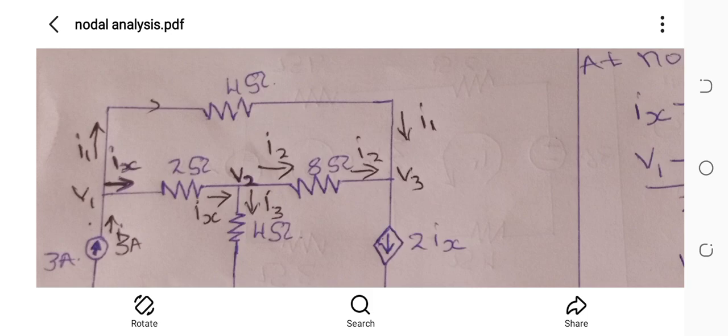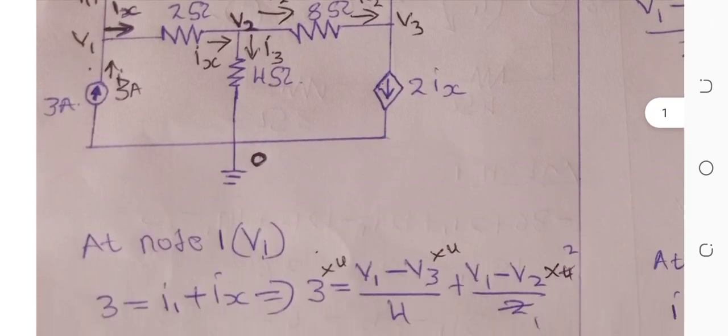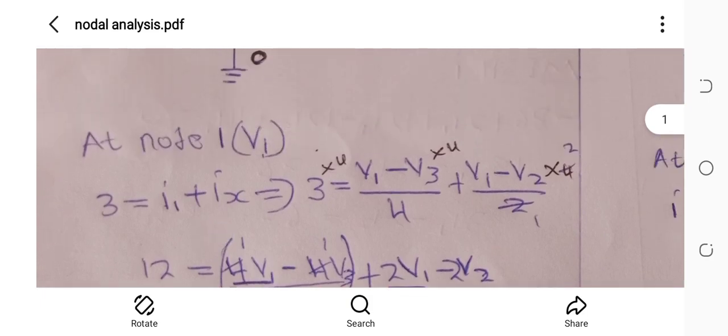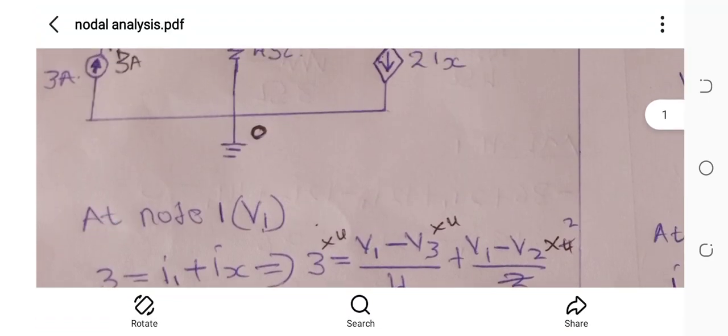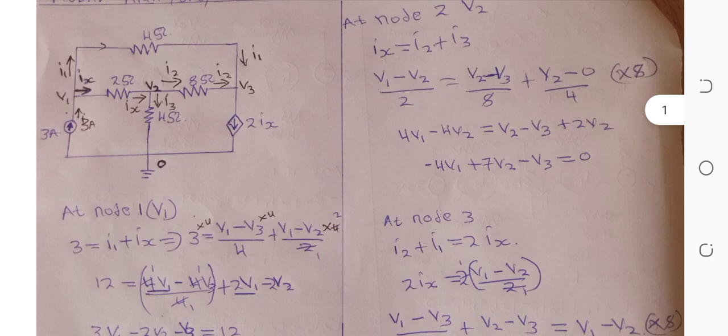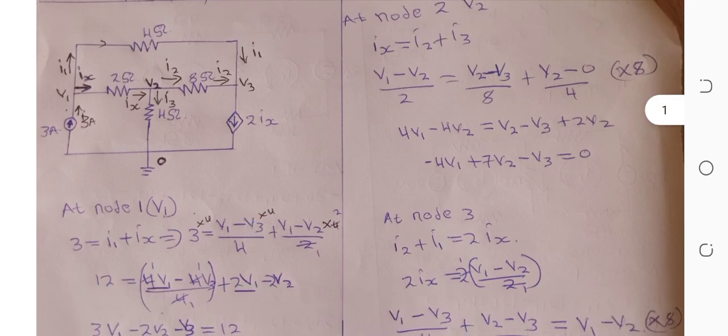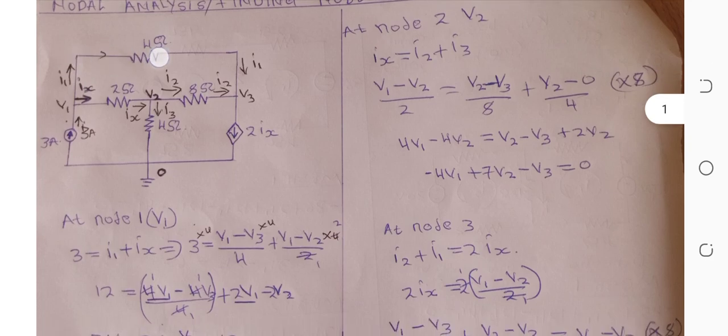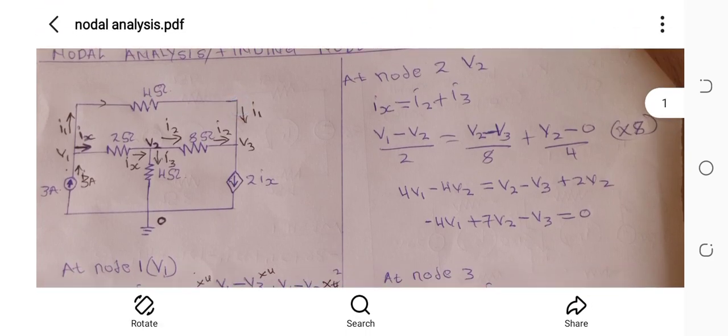So you'll get V1 minus V3 all over 4. That's what we have over here, V1 minus V3, all over 4. It's going that way, as you can see.